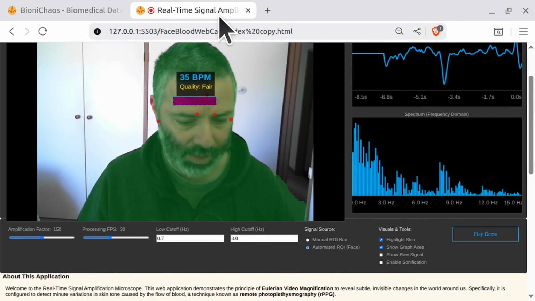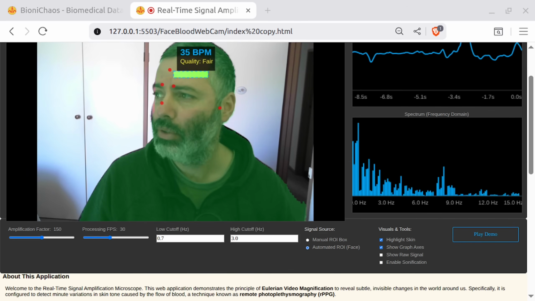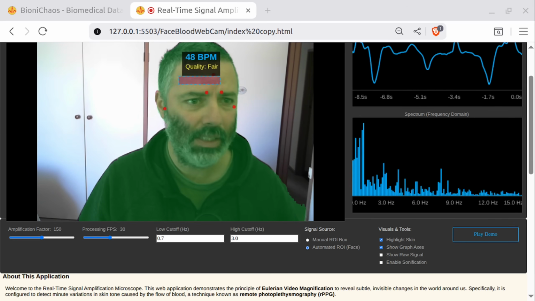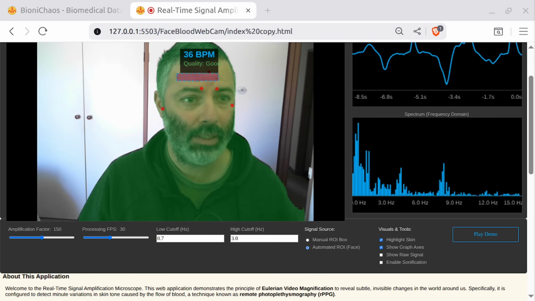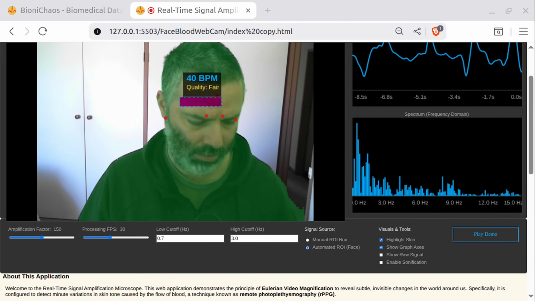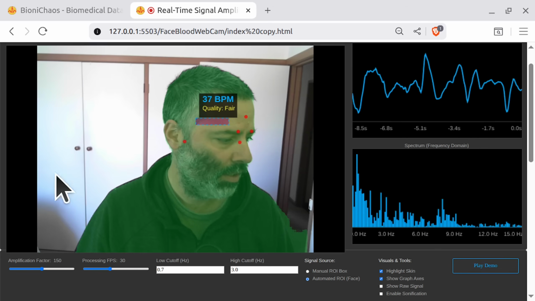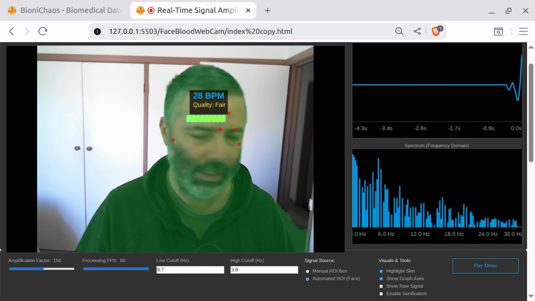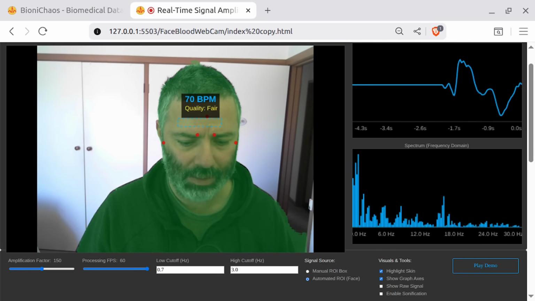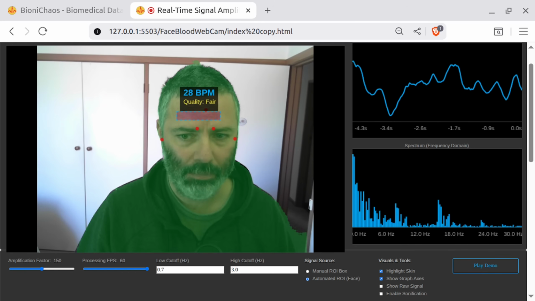Maybe if we increase the FPS, it shoots up, I don't know. Anyway, Gemini, in this case, promised us to fix the code. At 60 FPS we should still be getting our 70 BPM.